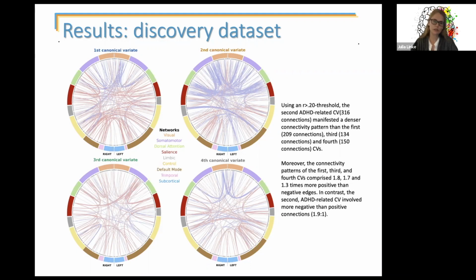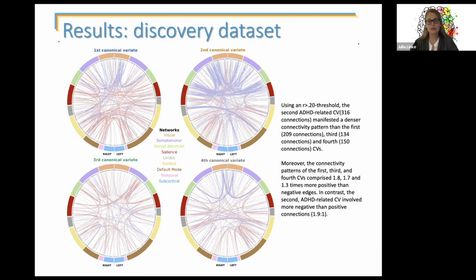And this overall pattern was observable for all 4 canonical variates. The only variate that stuck out to some extent was the second one associated with disruptive behavior, because the connectivity pattern was denser here and there were also more negative loadings.